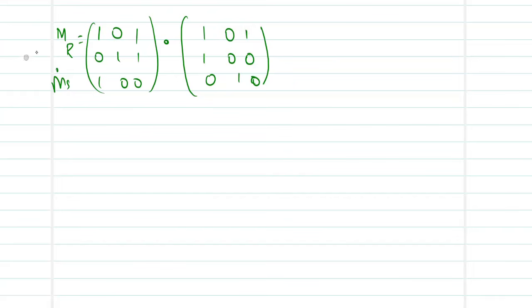This now follows the usual matrix multiplication, a row versus a column, where we add the data. So how do we go about it? This is 1 into 1 plus 0 into 1 plus 1 into 0. So this is going to be my first row, first column. This becomes my first element. How about the second element? Now shift your operator from here to here. First row and second column.